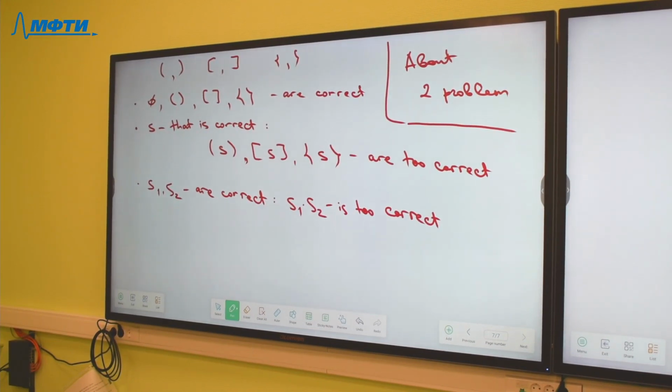Gotcha. Okay. So you can see that in the first example, there is only one pair of brackets that is correct, because if you try to find 4 brackets in this sequence, we need to get all of them, but in the first pair, in the round brackets, we do not have a correct sequence.